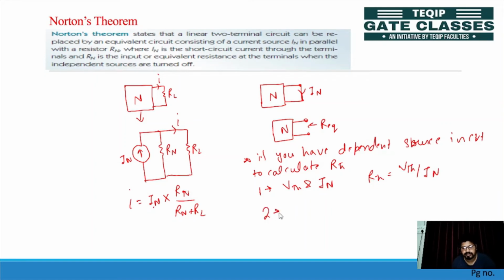Second, take 1 ampere current at that terminal and find voltage across that. Find voltage V at that terminal.